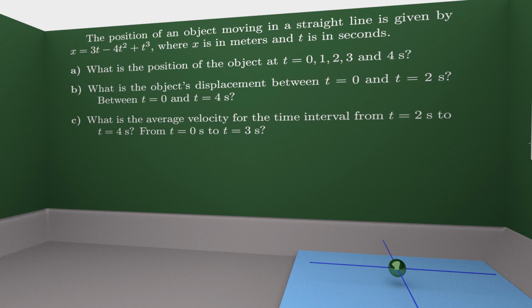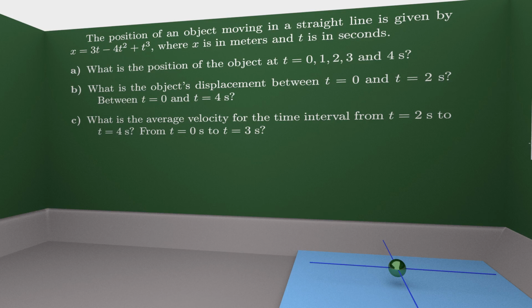The position of an object moving in a straight line is given by x equal to 3t minus 4t squared plus t over 3, where x is in meters and t is in seconds. A. What is the position of the object at t equals 0, 1, 2, 3, and 4 seconds?